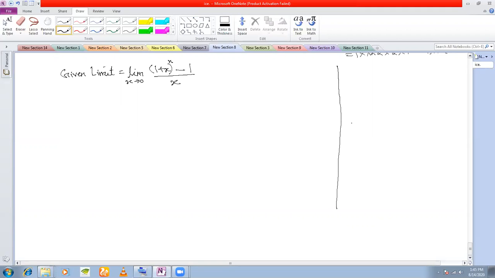Put x is equal to 0 and check whether this is 0 by 0 form or not, or any other form. So putting x is equal to 0, we get 1 plus 0 to the power of n minus 1 by 0, which is 1 minus 1 by 0, which is 0 by 0. So this is clearly a 0 by 0 form.